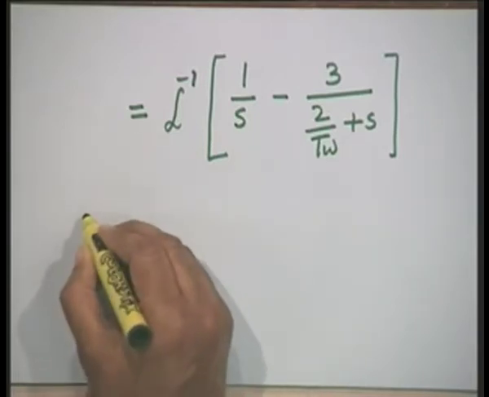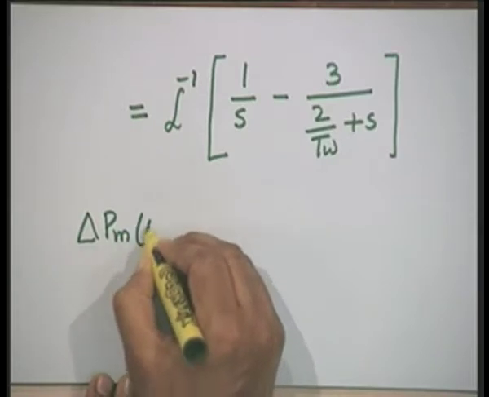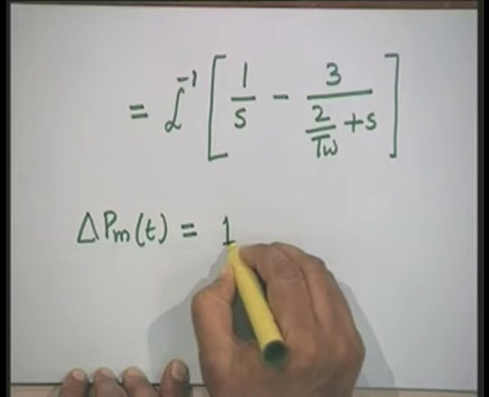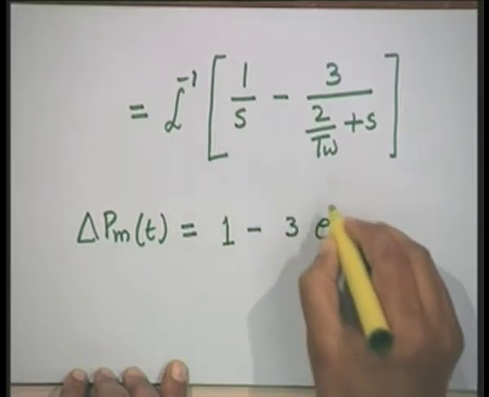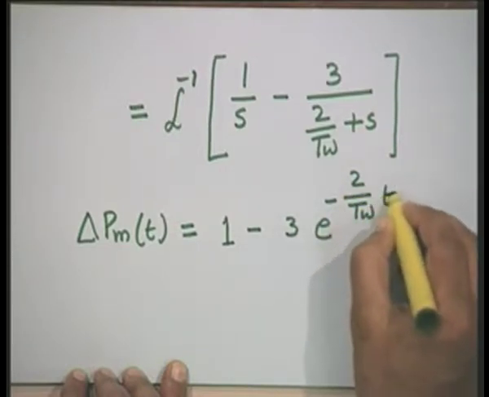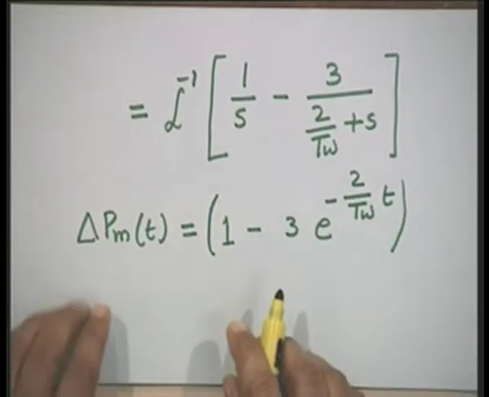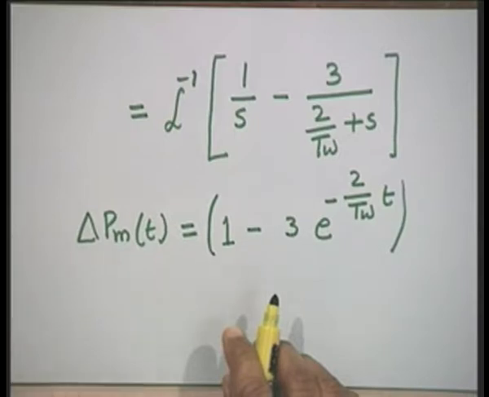Now we can say that delta PMT is equal to 1 minus 3 e to the power minus 2 by TW into t. This is the response of the hydro turbine to a unit step change in valve position.